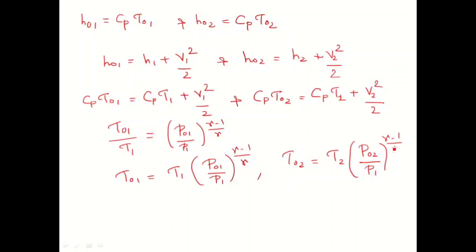So dividing T02 by T01, in the next slide I am going to divide T02 by T01. T02 is equal to T2 into P02 by P2 all raised to gamma minus 1 by gamma, divided by T01 equal to T1 into P01 by P1 all raised to gamma minus 1 by gamma.